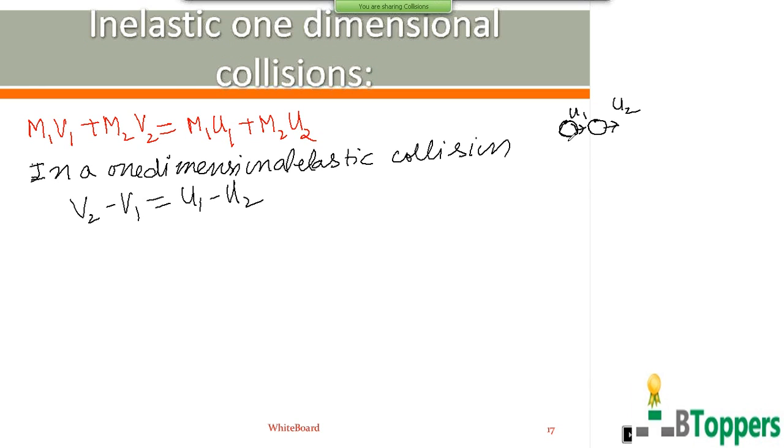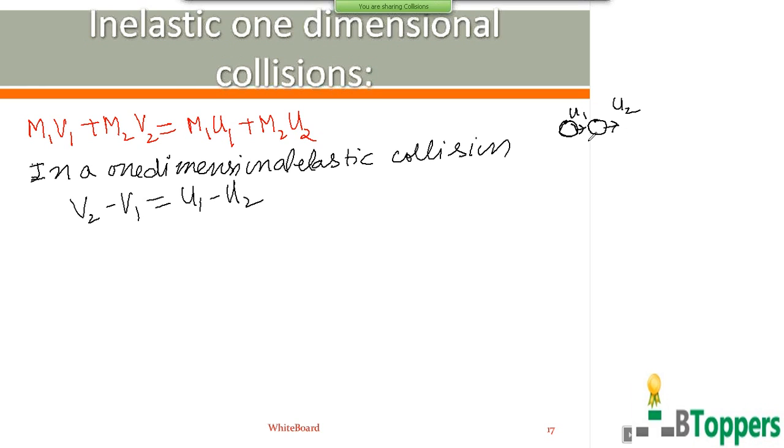Newton selected solid spheres and made them collide with different initial speeds along the same line. In each case, he compared the relative velocity of separation after collision with the relative velocity of approach before collision.